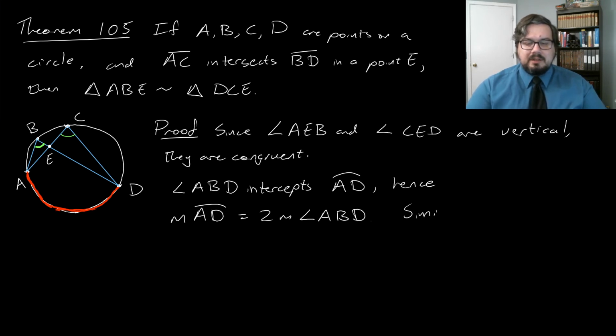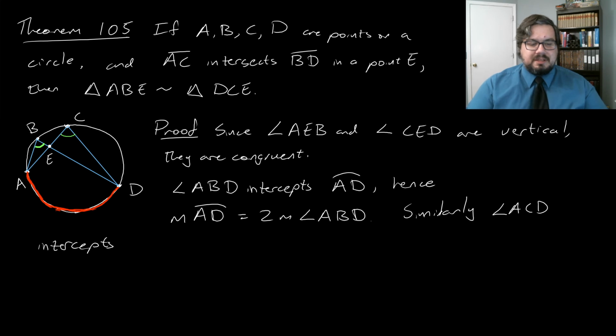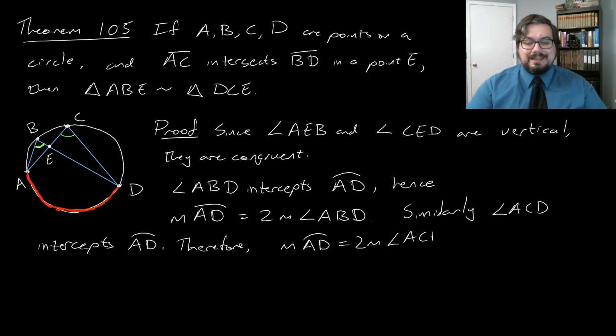But similarly, the angle ACD intercepts the arc AD. Therefore, the measure of arc AD is equal to 2 times the measure of angle ACD.